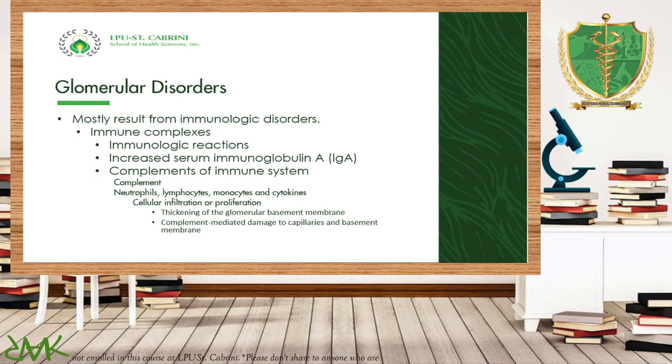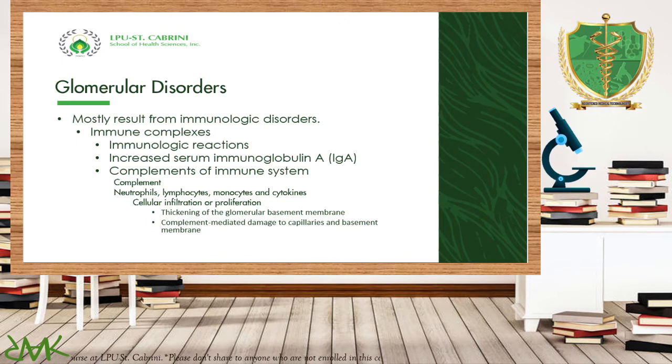It's because of the responses in the immune complexes caused by immunologic disorders, which cause damage to our glomerulus. Examples of immune complexes that can damage our glomerulus include immunologic reactions and an increase in serum immunoglobulin, that's why we have IgA nephropathy.